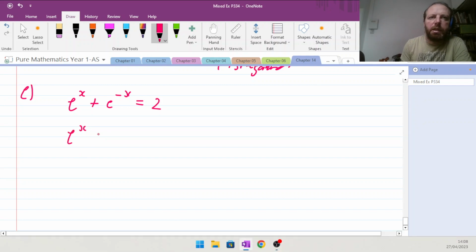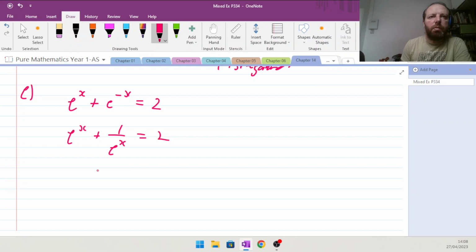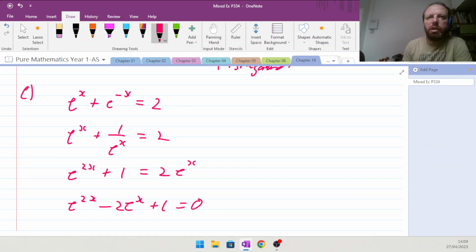We've got e to the x plus 1 over e to the x equals 2. I'm going to multiply by e to the x. I'm going to get e to the 2x, or e to the x squared, plus 1 equals 2e to the x. And with that, I can say e to the 2x minus 2e to the x plus 1 equals 0.